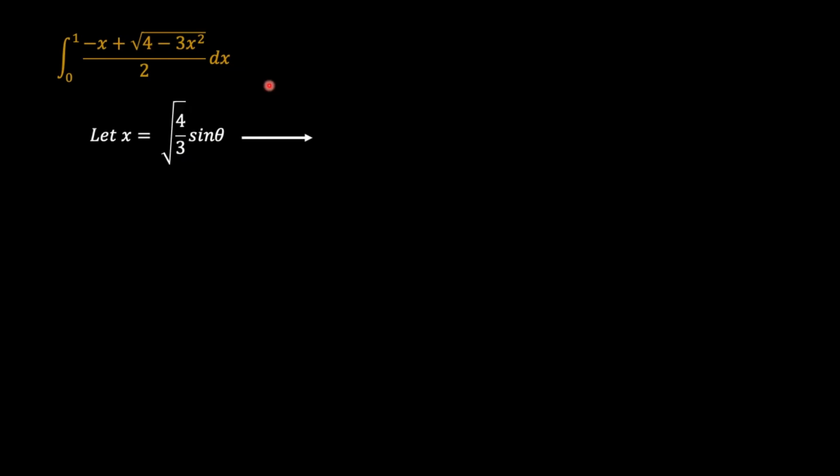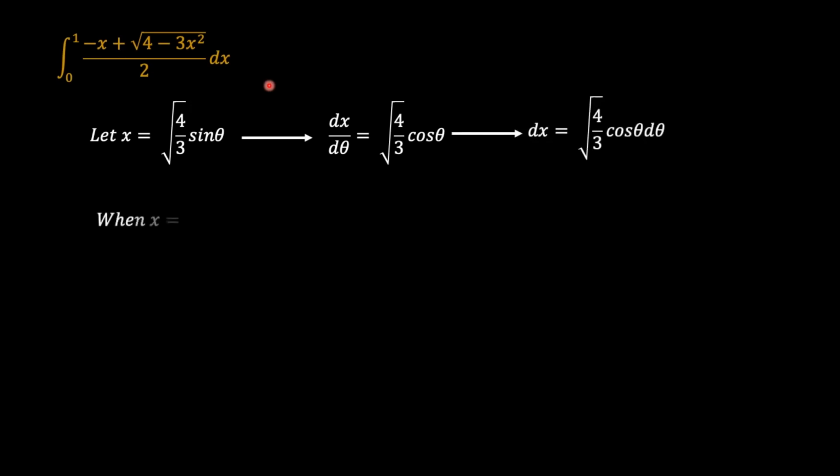So the first thing we'll do is find dx d theta, which is square root of 4 over 3 cosine theta. And therefore dx is the square root of 4 over 3 cosine theta d theta. Now, looking at the limits, when x equals 0, 0 would be equal to the square root of 4 over 3 sine theta, and therefore theta is equal to 0.